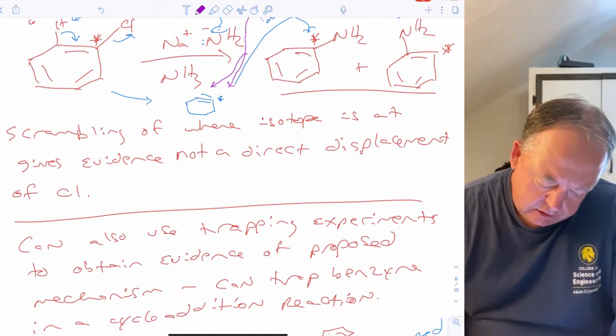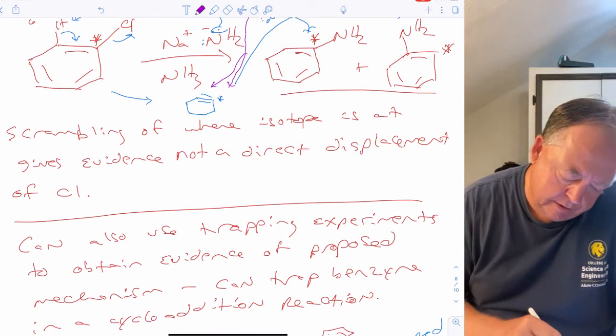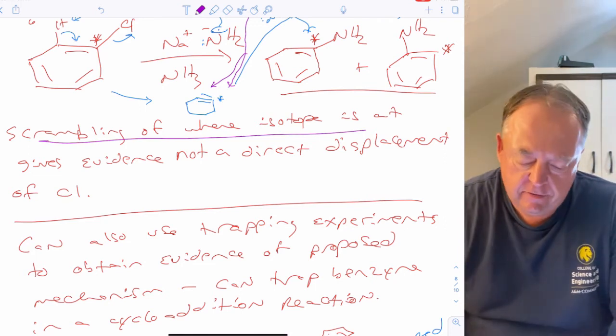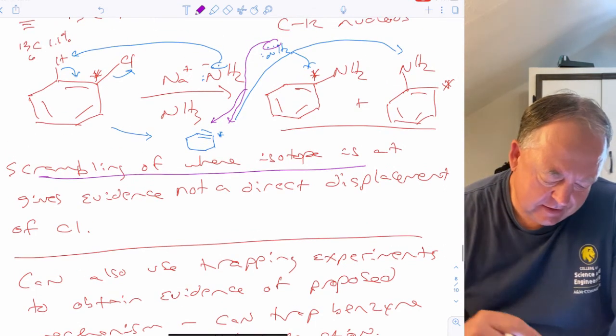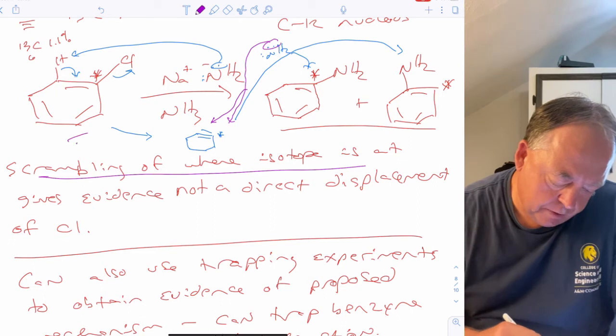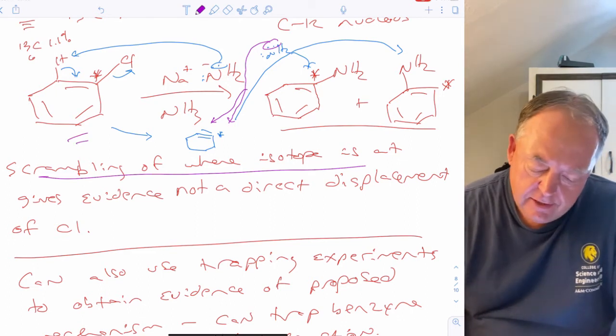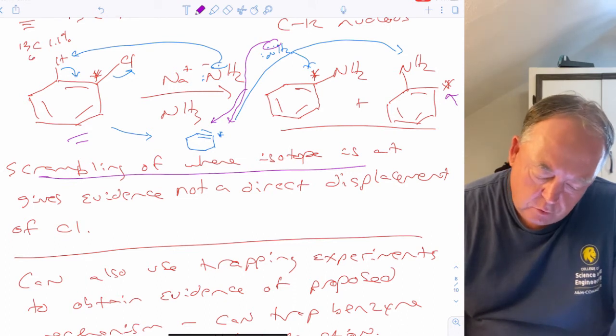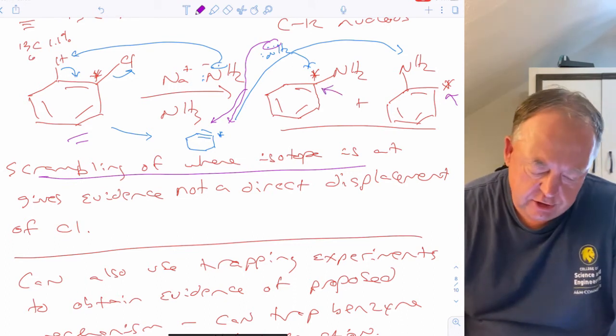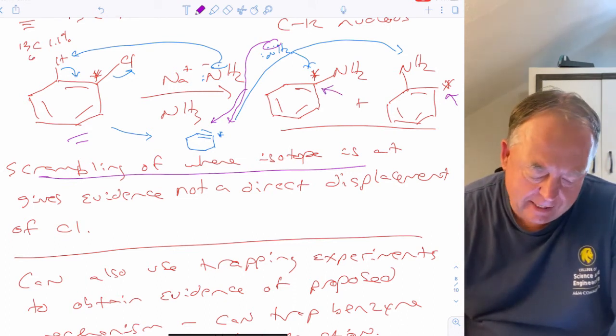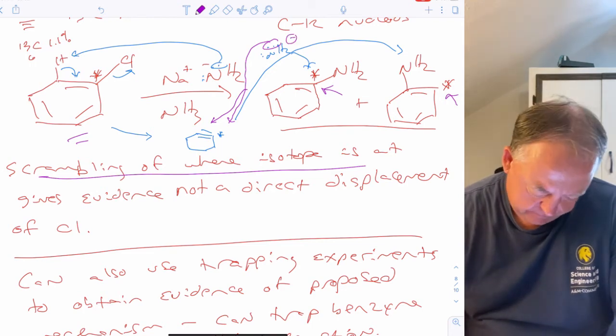So that's what would typically be called scrambling of the isotope, because here you started with the isotope in only one position. Here the isotope could either be ortho to the nitrogen, or it could be on the same carbon as the nitrogen, depending on where the NH2 minus attacks the benzyne.